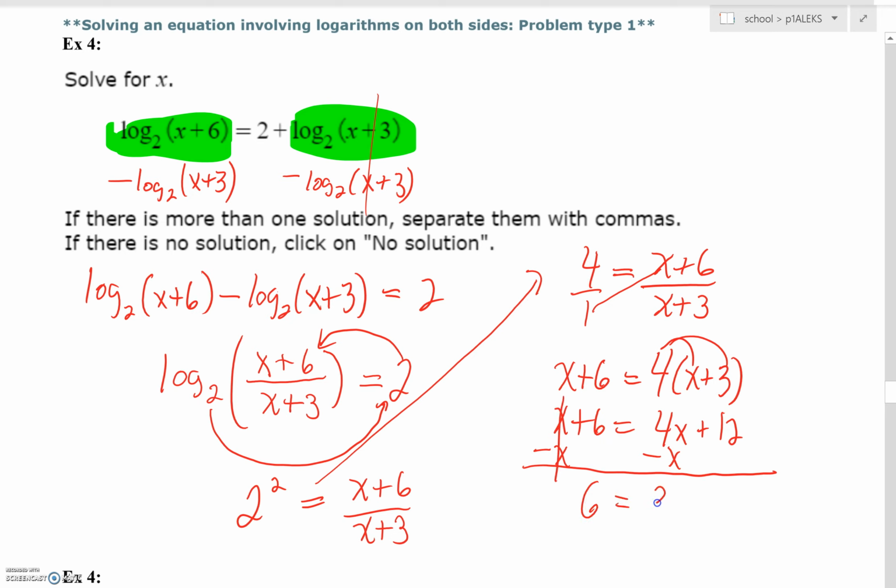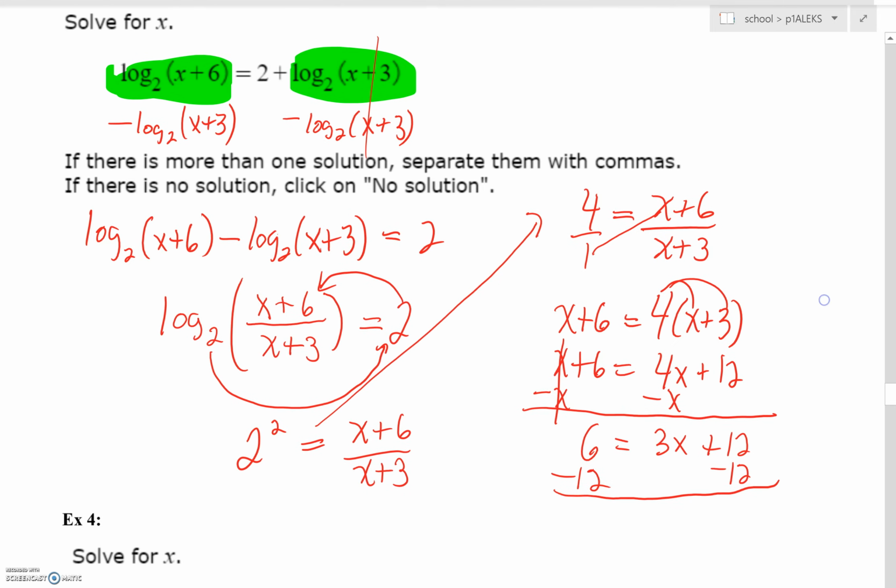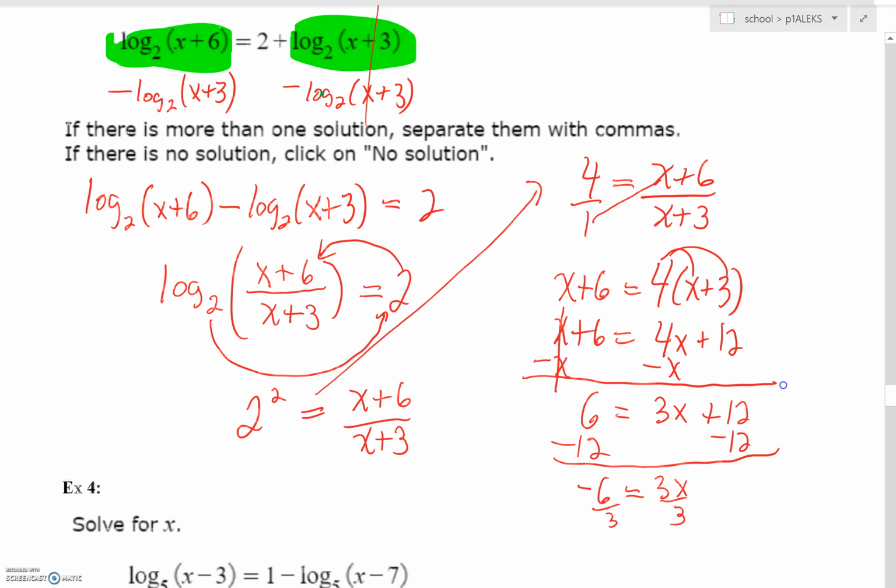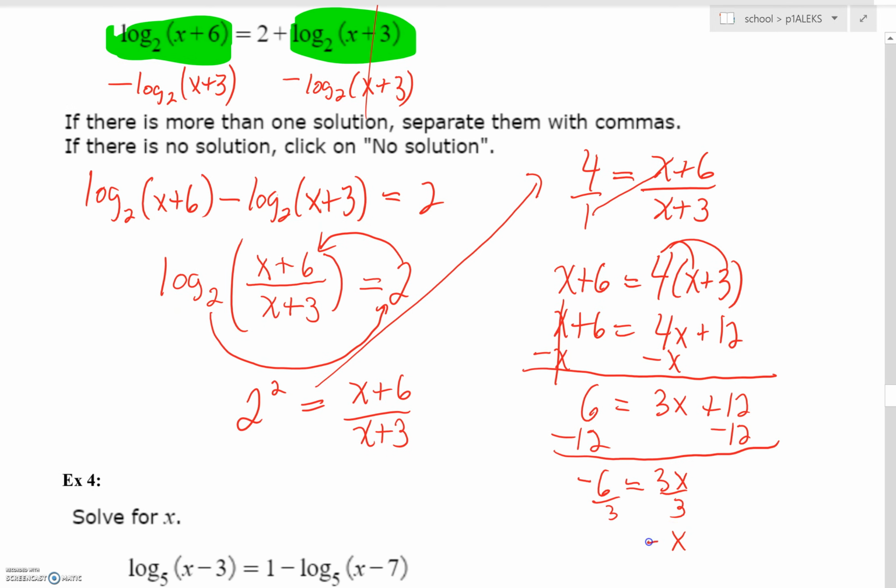And 4x minus x is 3x. And then I'm going to minus a 12 from both sides. And 6 minus 12 is negative 6. And when you divide by a 3, you'll get x equals negative 2.